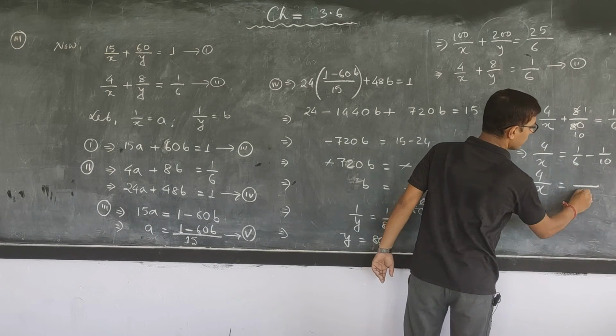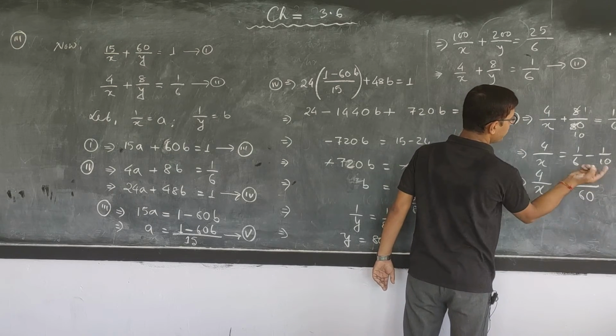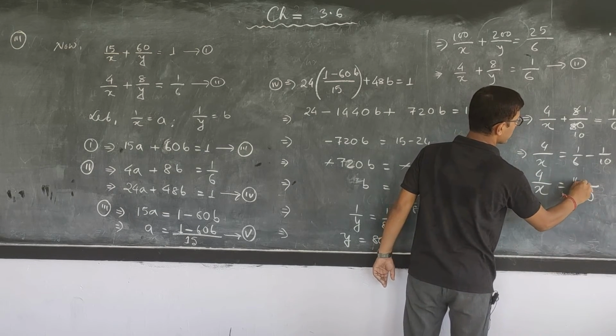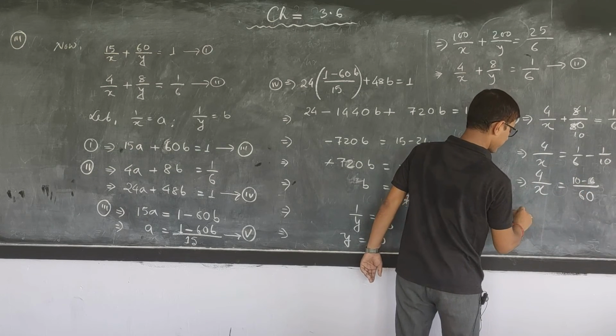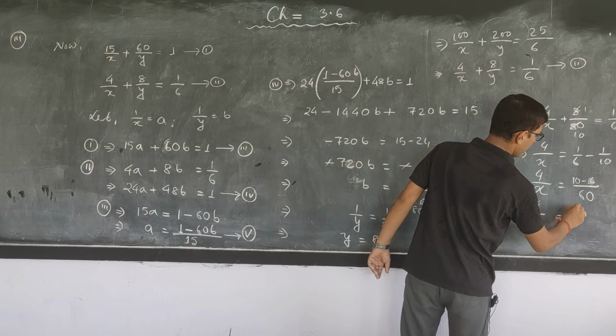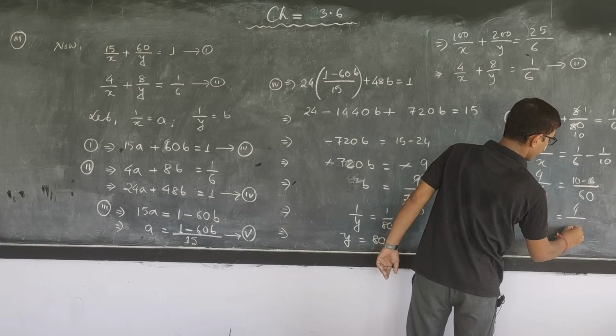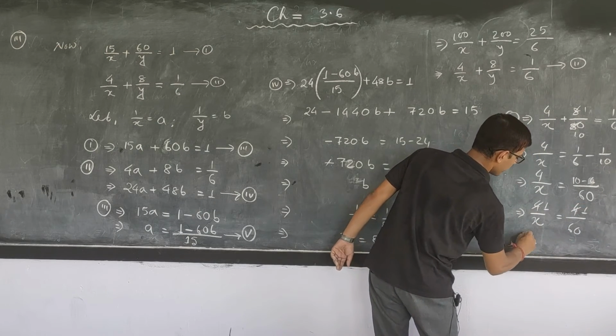This will be LCM, we can write 30 also, we could write 60. I am writing 60, 10 minus 6. So 4 by x equals 4 by 60. 4 cancelled from both the sides. x will be equal to 60.